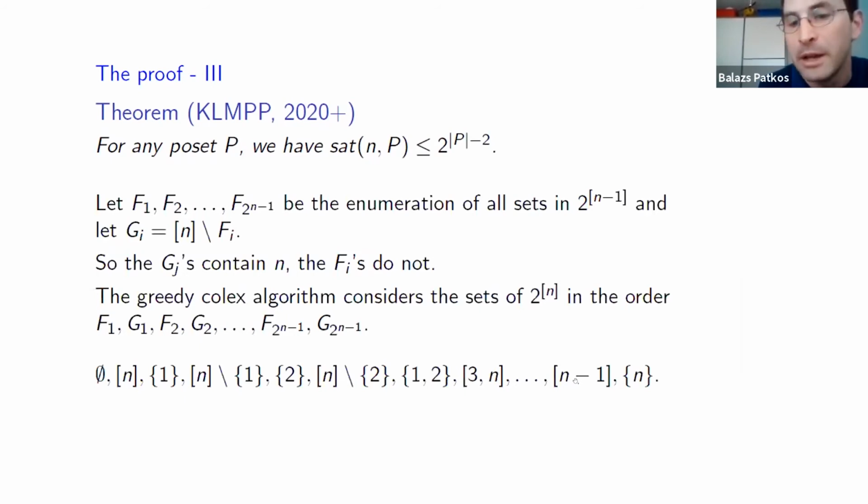And the last pair is going to be all the integers 1 through n-1 and its complement, which is just the singleton n. So in this order, we take the elements, and we claim that we will never have more sets in the family than the number of elements minus 2.